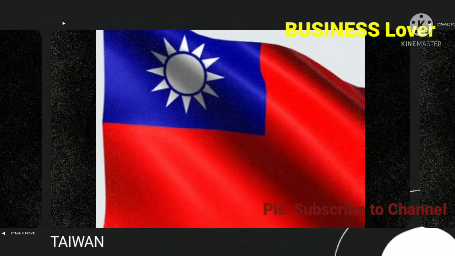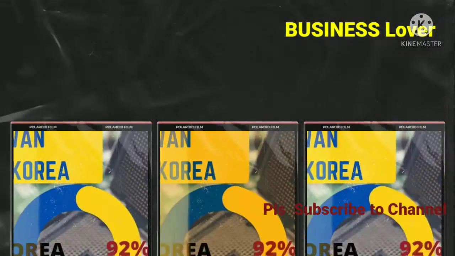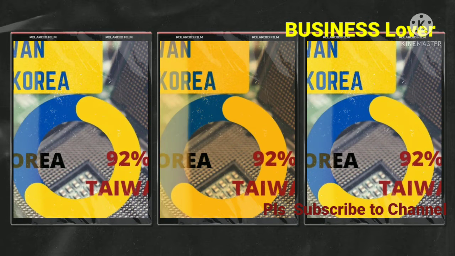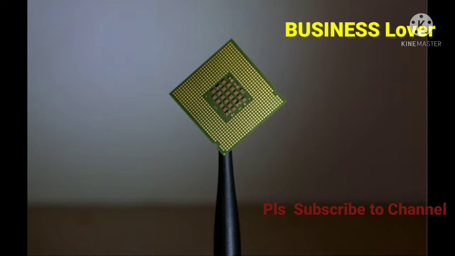Taiwan has already captured the semiconductor global market with around 92% market share. TSMC, UMC, and MediaTek took first, second and fourth place as the largest contract chip makers. If anyone wants to invest in the microchip market, this is a great opportunity.